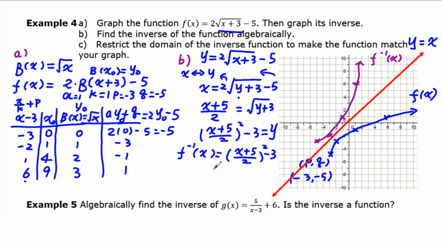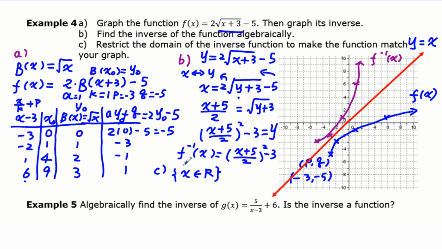Then this one says restrict the domain of the inverse function to make the function match your graph. We are going to see that you don't have to restrict anything because the inverse is a function. So for question C, x belongs to all real numbers.